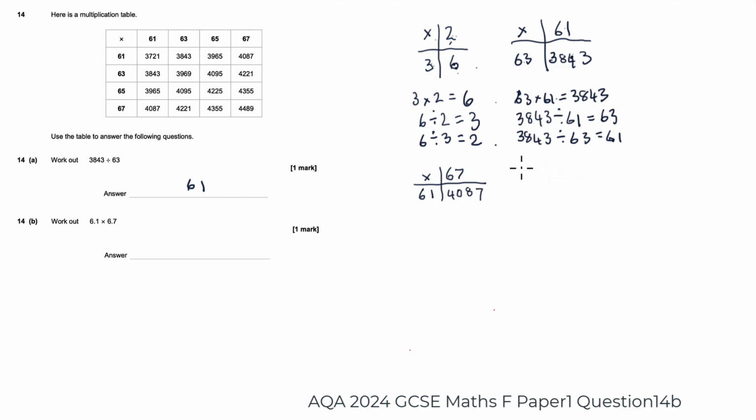And how can we now use that to work out 6.1 times 6.7? In other words, where does the decimal point go in this? Now, there's several ways of doing that. We can think this is roughly 6, this is roughly 7, and we know 6 times 7 is 42.